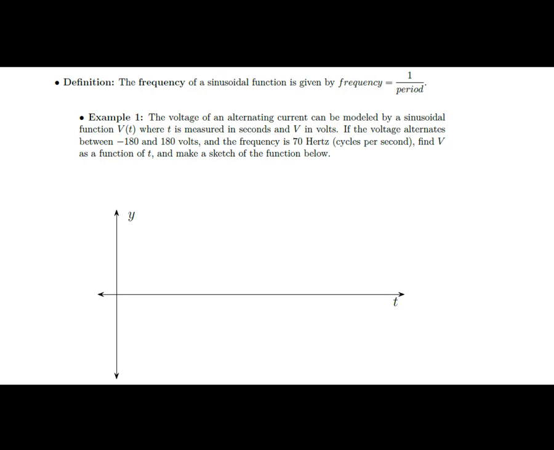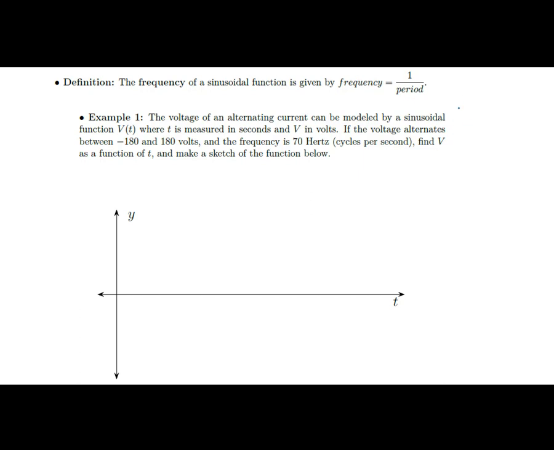And then there's this new concept that you see here when it says the frequency is 70 hertz. Okay, so what's that all about? So for a definition here, we say that the frequency of a sinusoidal function is given by 1 divided by the period.